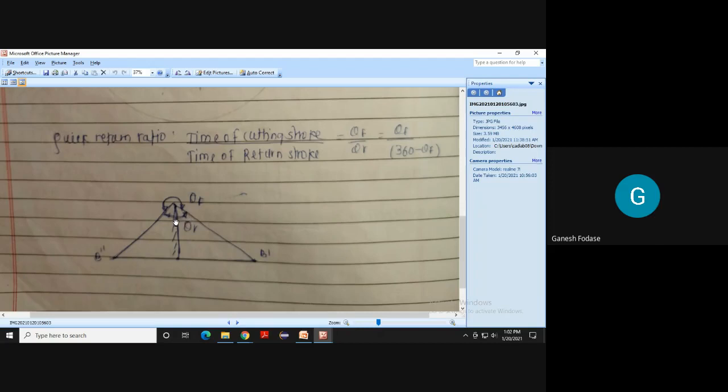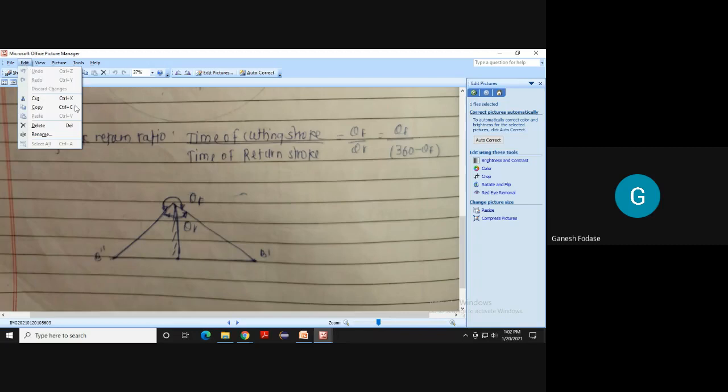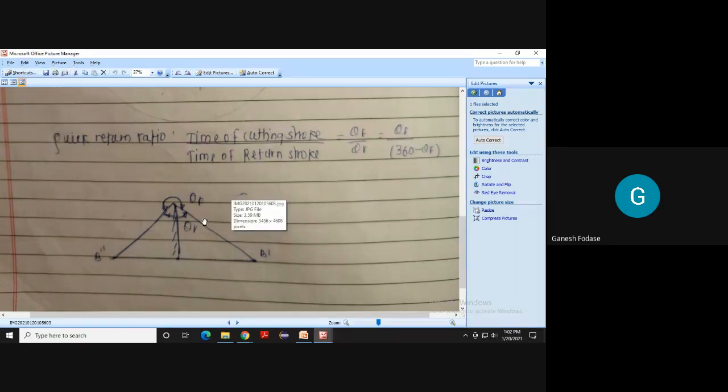So you talk about this, because we have to consider a right angle triangle here. Is this arrow visible? I'm showing you. Arrow this way? Yes, sir. Okay. So half of this theta r is this angle. I can't draw it here. Okay, I'll try to draw. Let's say the half angle is theta r.